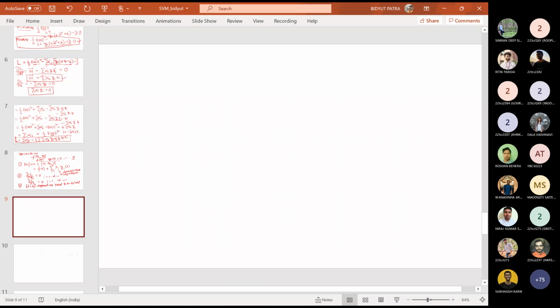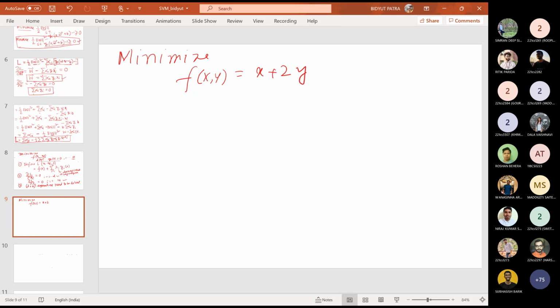Okay, so one thing is, let's say we need to minimize a function f of x, y equal to x plus 2y, subject to the constraint x square plus y square minus 4 equal to 0. So it is perfectly matching the Lagrangian condition.